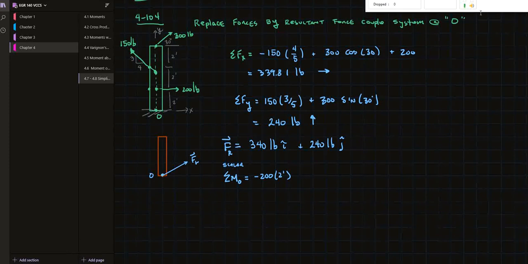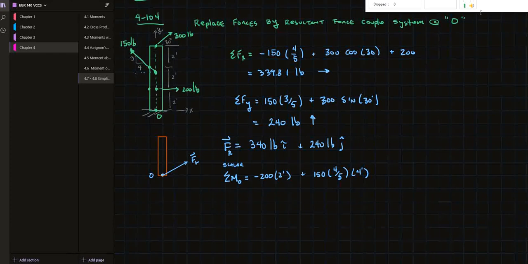I have 150 times 4/5, and that is times 4 feet. That'll be this component here.